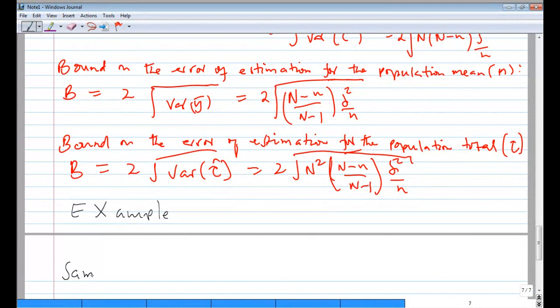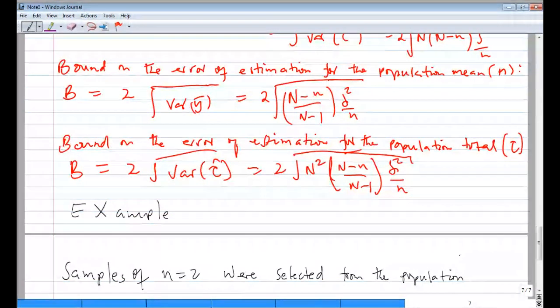Suppose a sample of size n equal to 2 is selected from the population of 1, 2, 3, and 4.